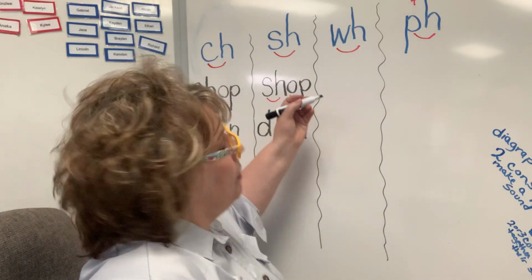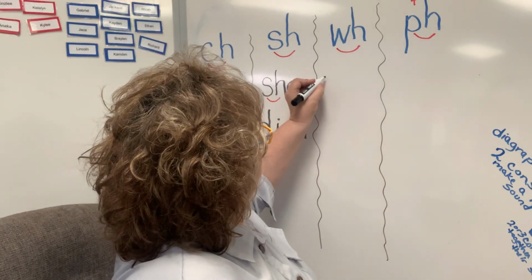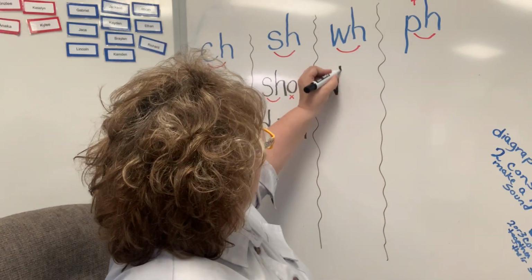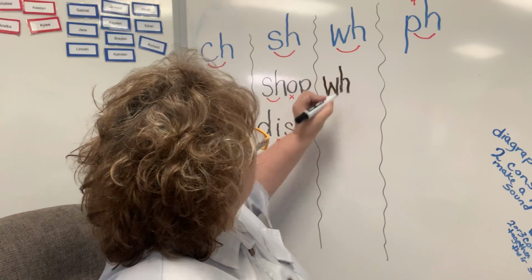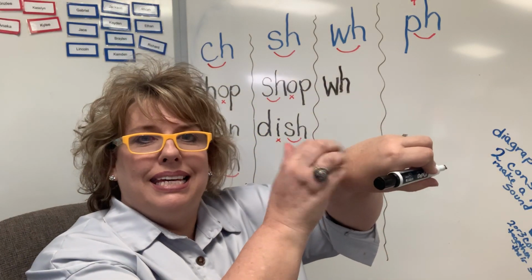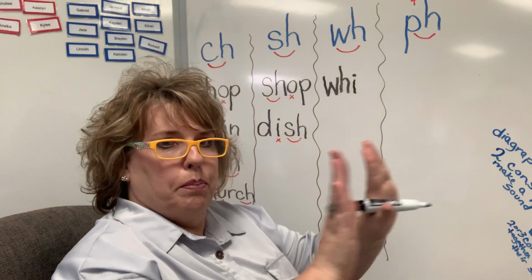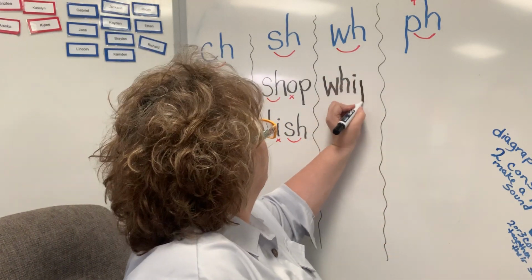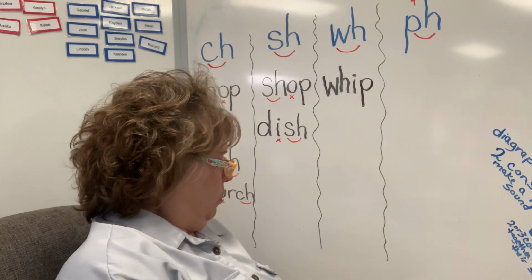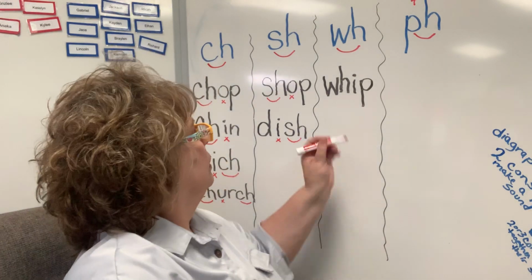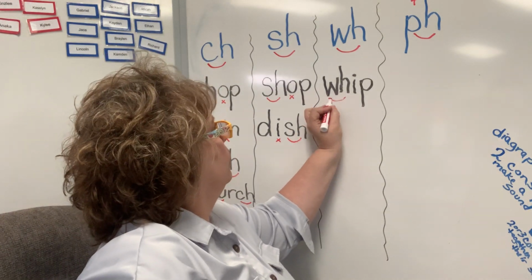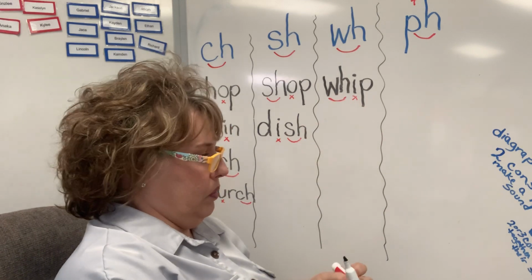So we're going to put the digraph WH first. And our vowel says I, and the ending sound is P. Whip. There we go. Cool Whip.